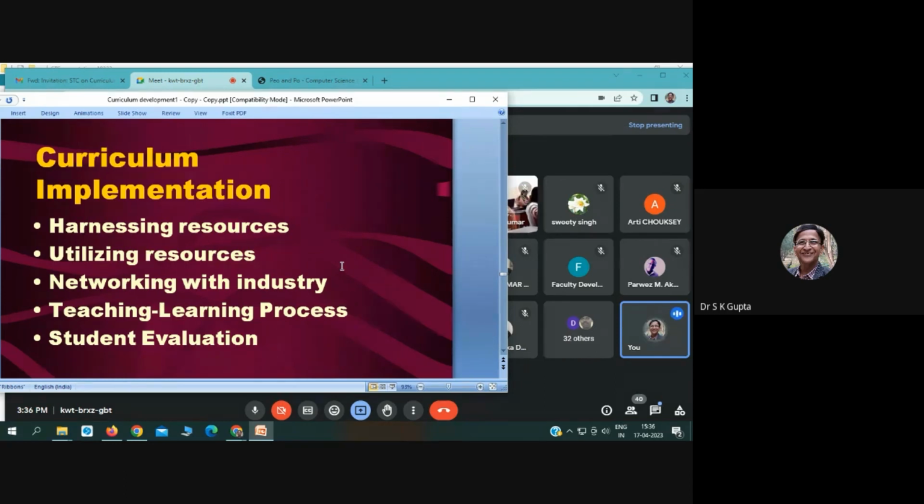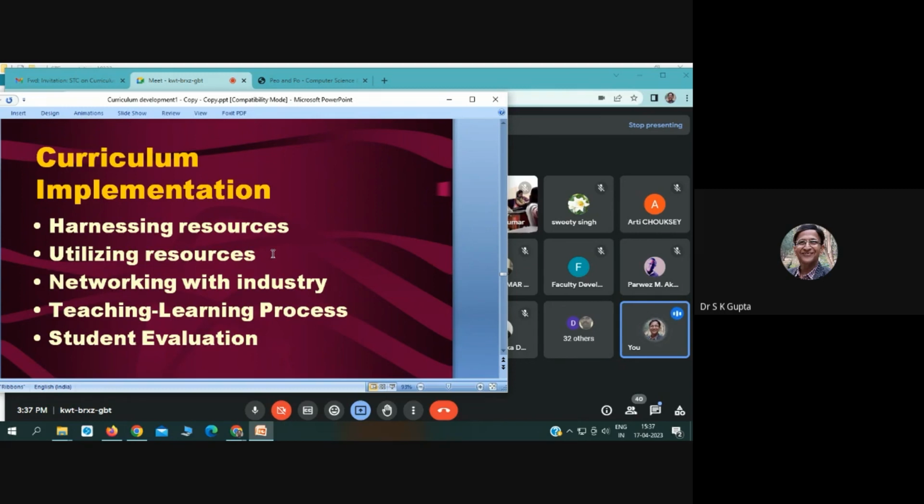Maybe training of the teachers, availability of equipment, instruments, workshops, any additional laboratory, or any additional books. All those are analyzed before implementing the curriculum, and all the resources which are available must be optimally used.